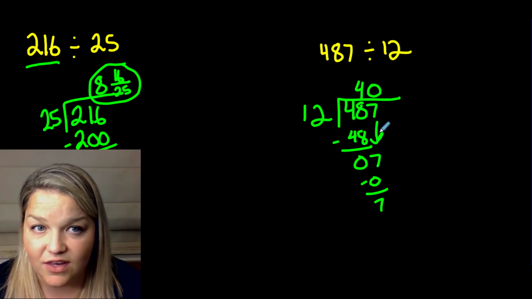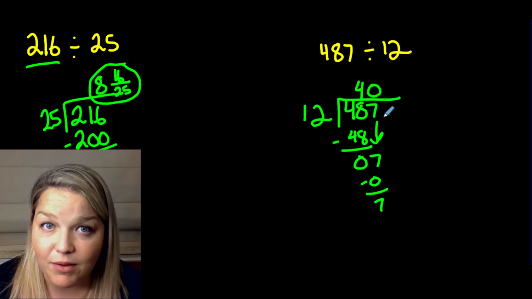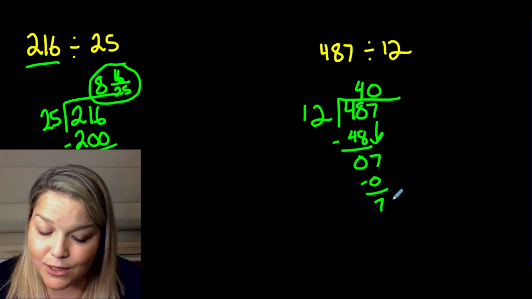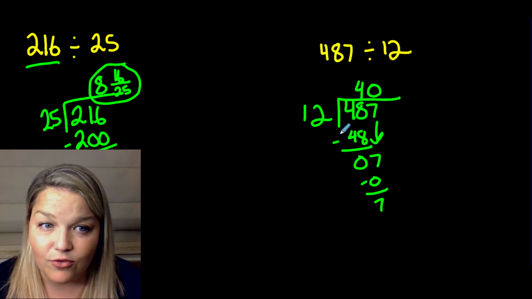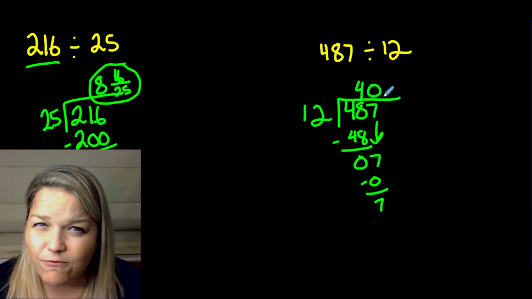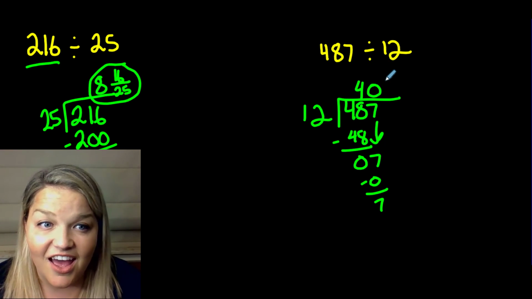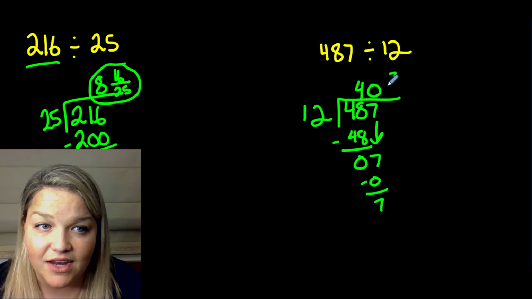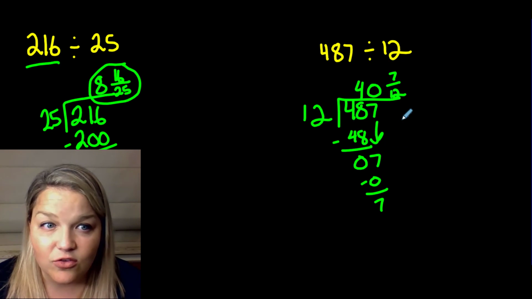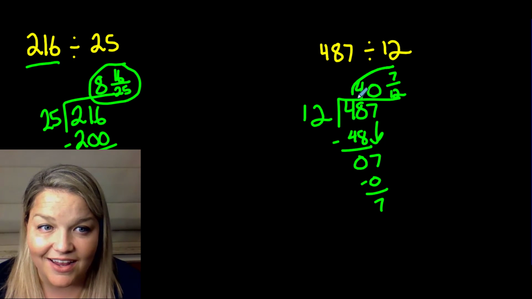And now you see I recorded an answer above my place values, and I have a remainder, nothing else to bring down. So I'm going to say 12 goes into 487 40 times, and I had 7 remaining out of the 12 I needed to create my next whole number. So my answer is 40 and 7/12.